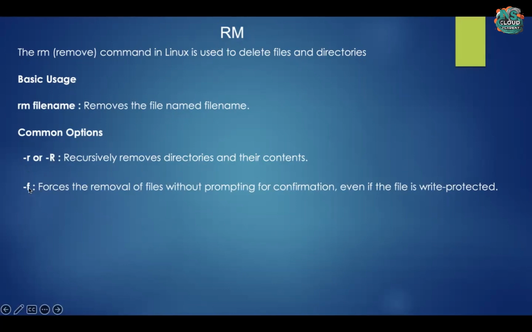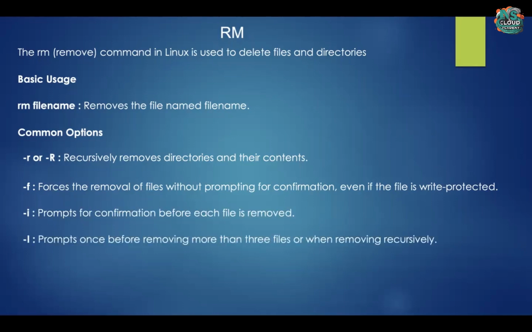And if you wanted to do anything forcefully, just like if any write-protected file is created and you wanted to delete it, you can use -f to delete any file forcefully. Okay. -i is used to prompt confirmation before each file is removed, right? But if you use -I, it prompts once before removing more than 3 files, and when removing recursively, understand.